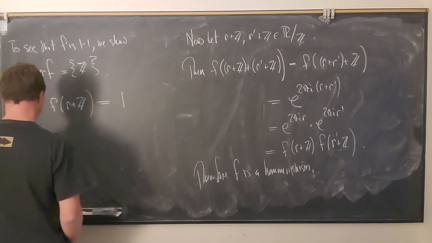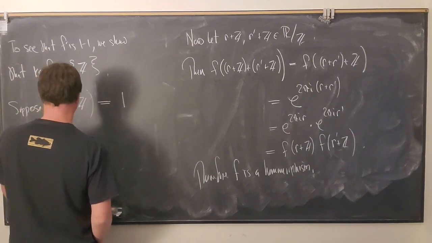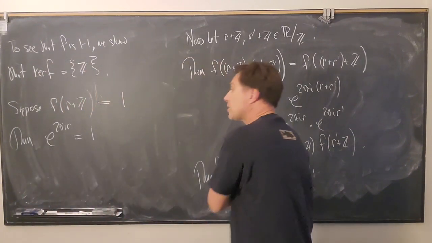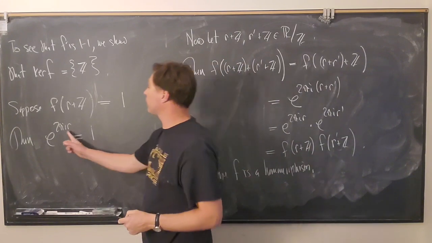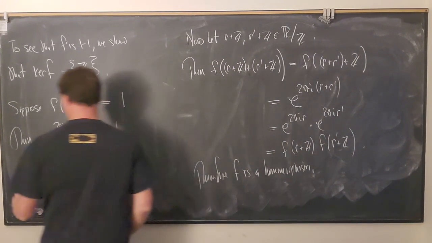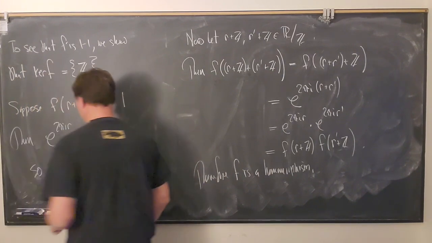Then, what do we have? e to the 2 pi i R is equal to 1. And so when does that happen? It happens precisely when R is in Z.